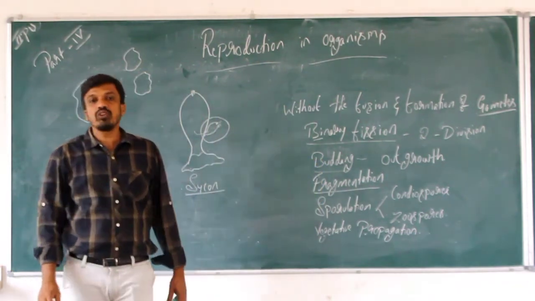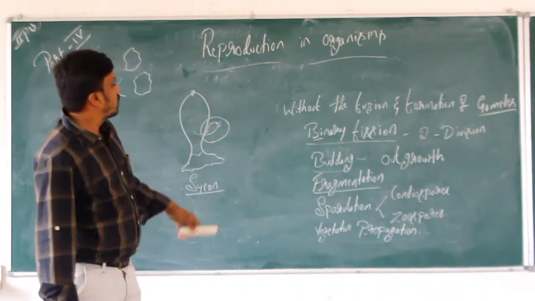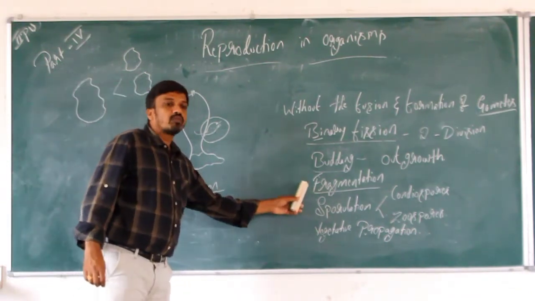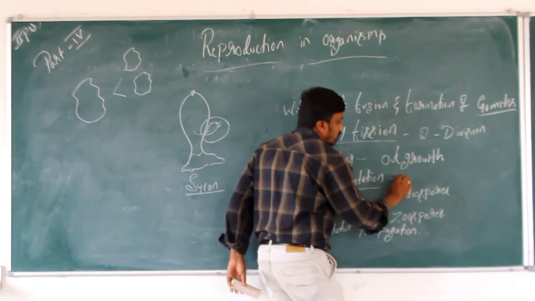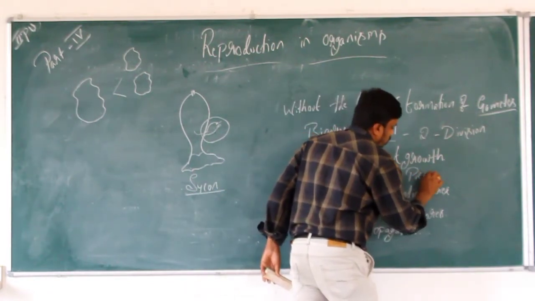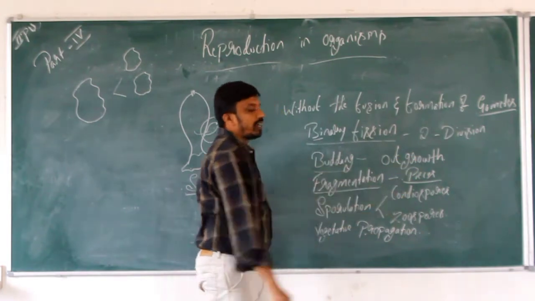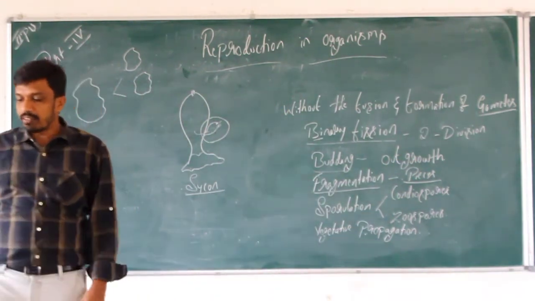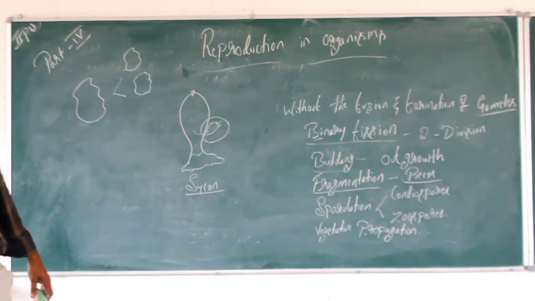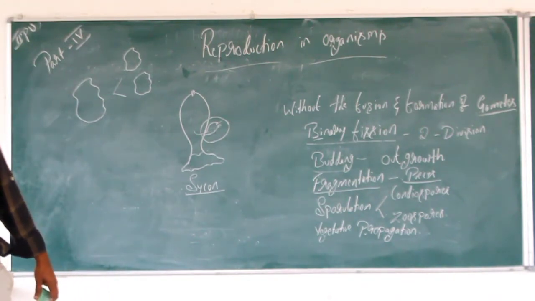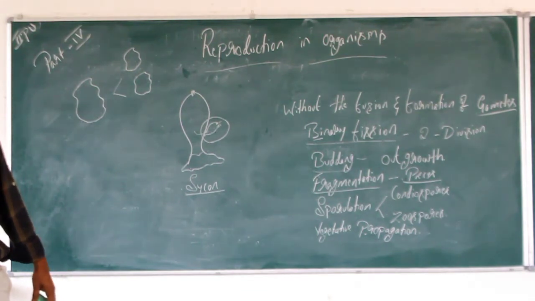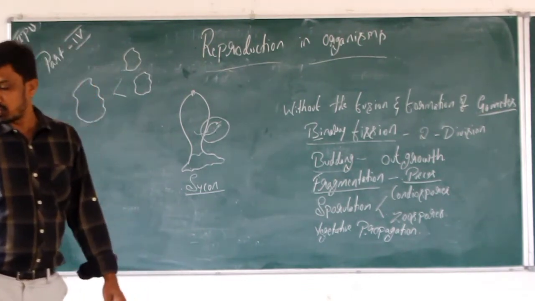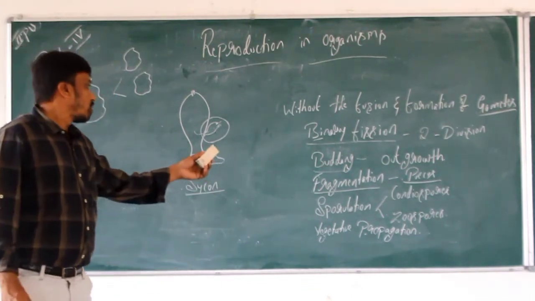Fragmentation. What do you mean by fragmentation? Here the parent body divides into two or more pieces. Fragmentation means pieces. The division may be internal or due to external force.